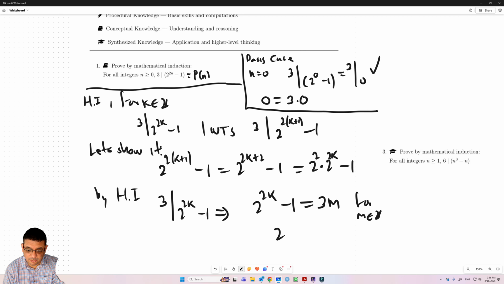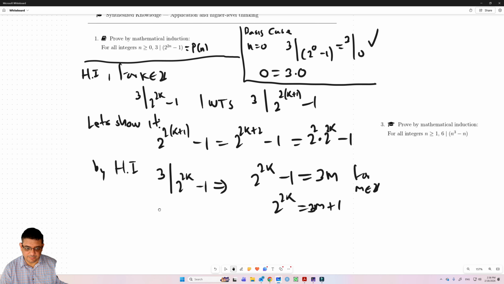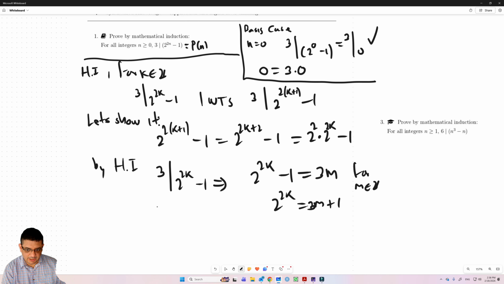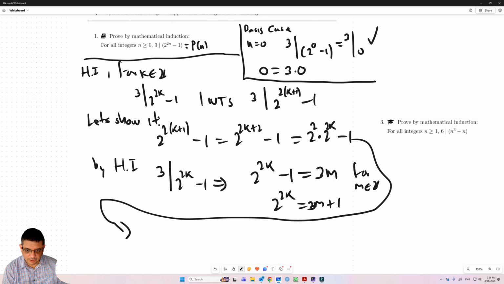So that means that 2 to the 2k can be seen as 3m plus 1. So I can pretty much replace this in here, and from here we get 4 times (3m plus 1) minus 1.